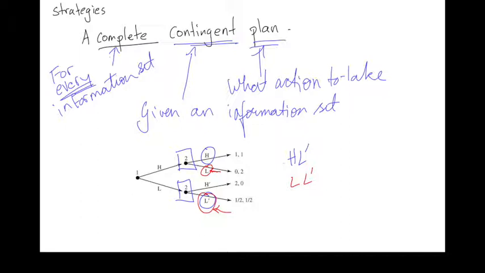Now you can see why in the definition of an extensive form, we insisted that if there are actions at two different information sets, so you look at this information set and this information set, there were similar actions H and L that player two could take, but given that they're different information sets, we insisted on labeling the actions differently. So this action H is distinct from this action H prime because they're being taken at different information sets.